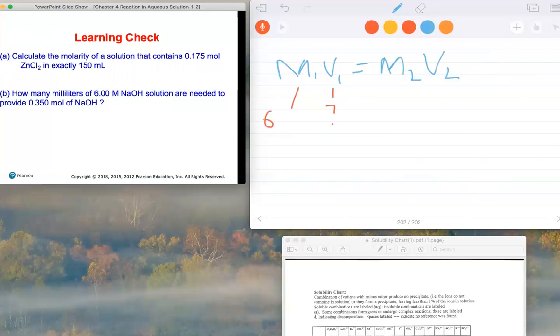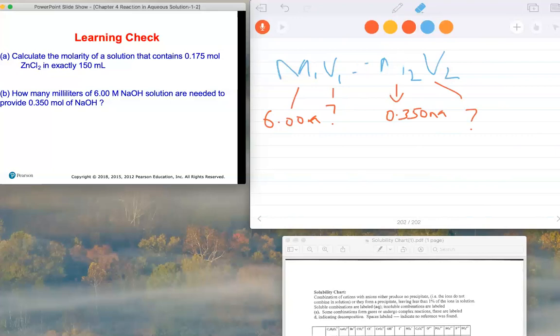M1 is 6.00 molarity. And M2 is what? 0.350. And how many to provide moles? Oh, okay. This is not a dilution. It's not going to work. If you look at this, we have two question marks. I made a mistake. That's how you should learn. We learn through mistakes. I learned my mistake. So it's not going to work.